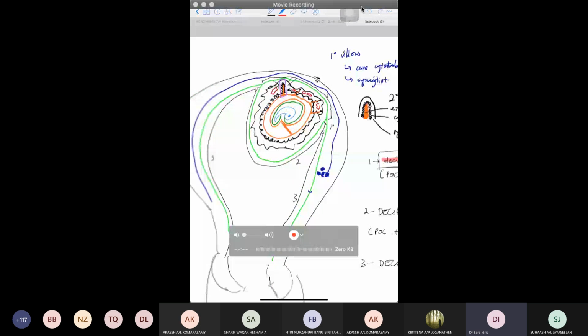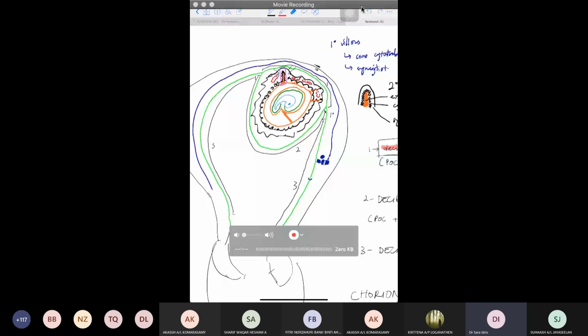Now what we're going to do is see further how this embryo will grow and grow and grow to eventually fill up the whole uterine cavity. So I will just delete all this numbering, this labeling.